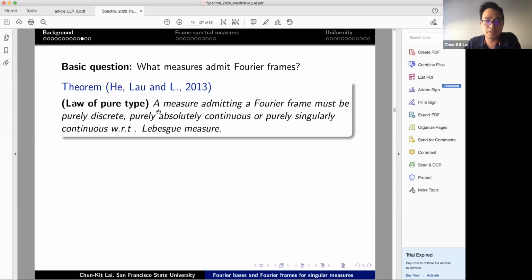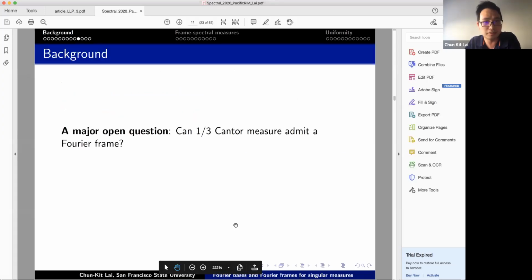One quick question for you, Chun-Kit. We had a request to repeat the definition of a Fourier frame, just so it's fresh in the audience's mind. Okay, yes.